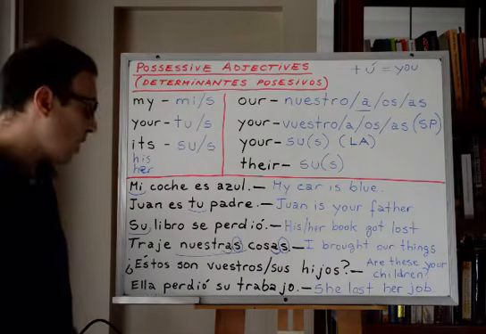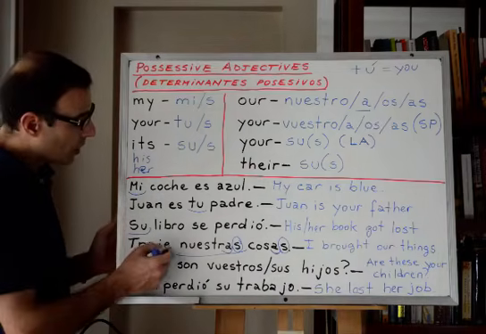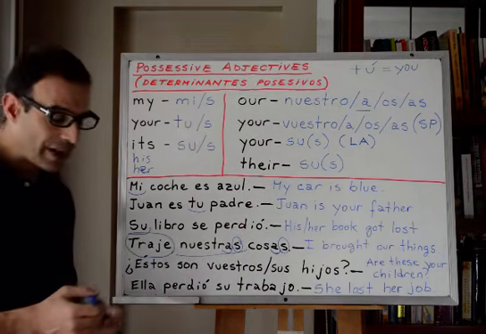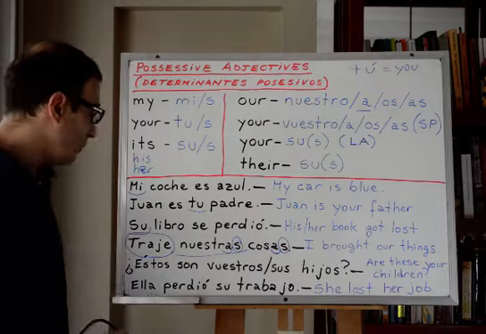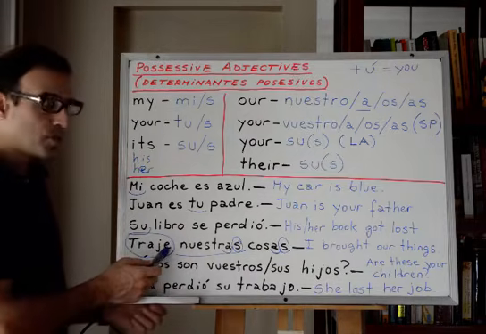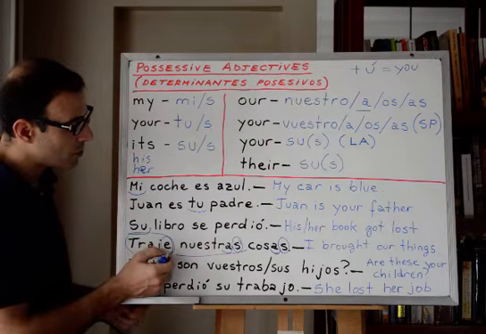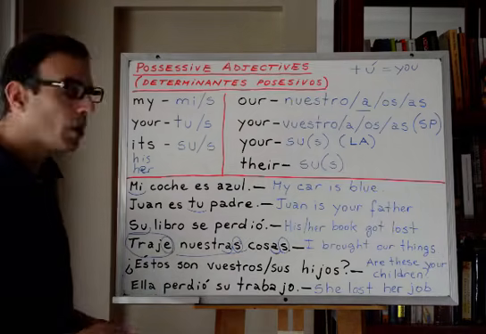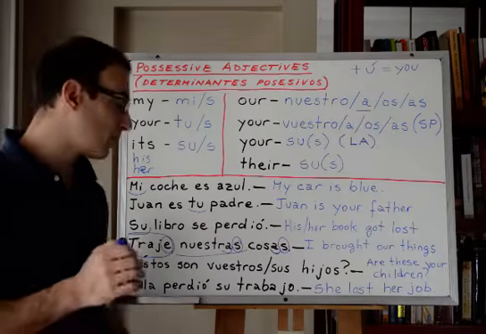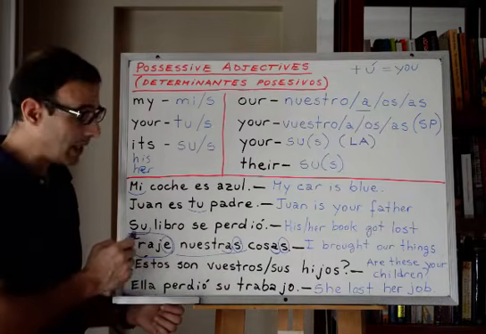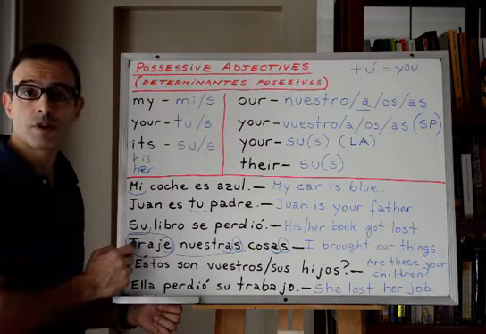In Spanish, the verbs are so specific, the conjugation is so specific that you can infer the subject from the ending of the verbal conjugation. That means that we do not need to explicitly add the subject pronoun.